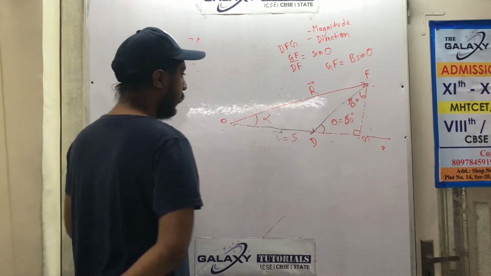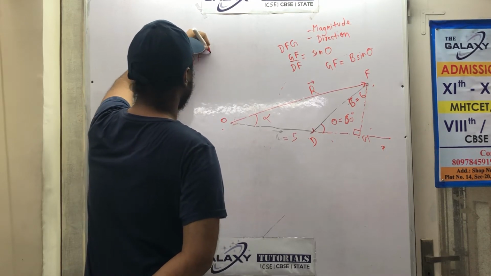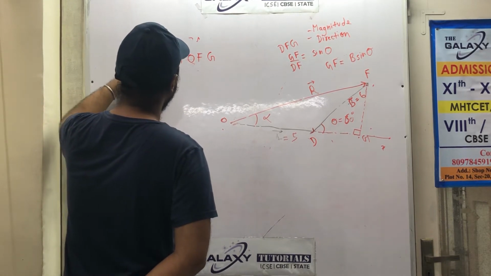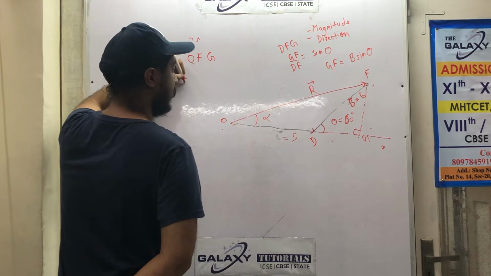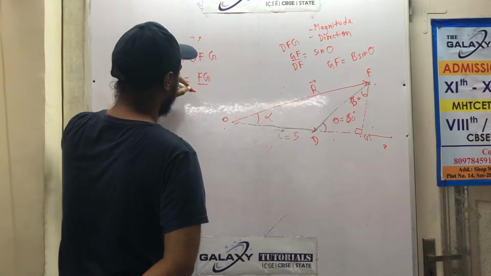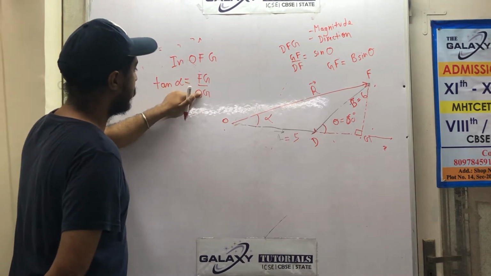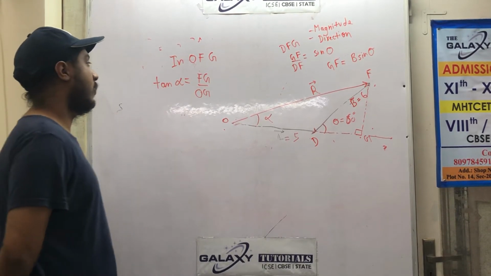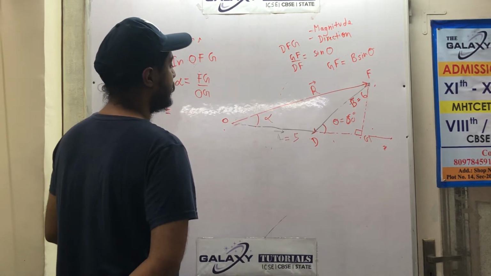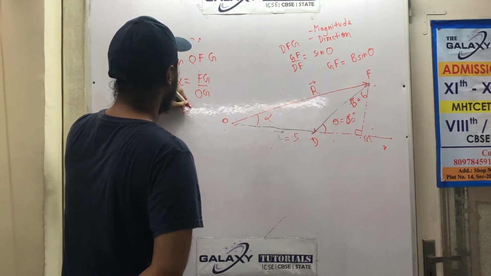Okay, so how will we find it? We will see the triangle. In triangle OFG, tan alpha is equal to what? FG upon OG. Here, what will be the value of FG? We have already found out the value of FG. That will be B sin theta.